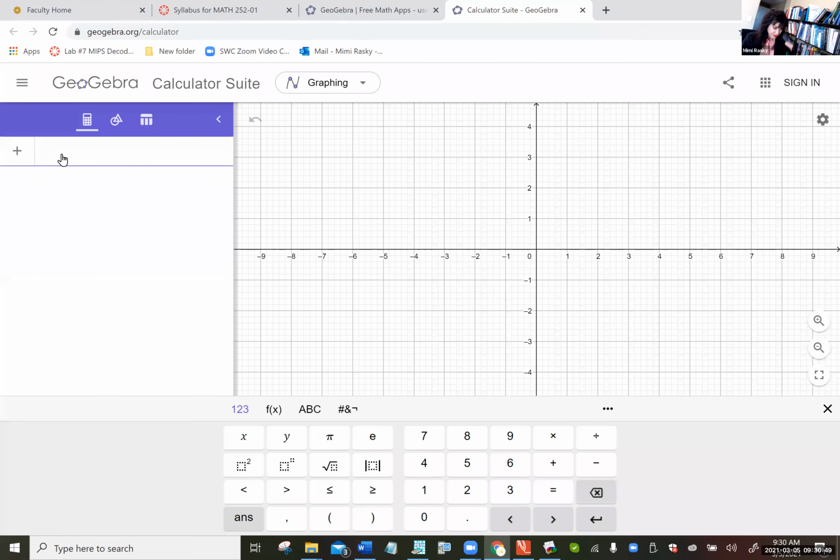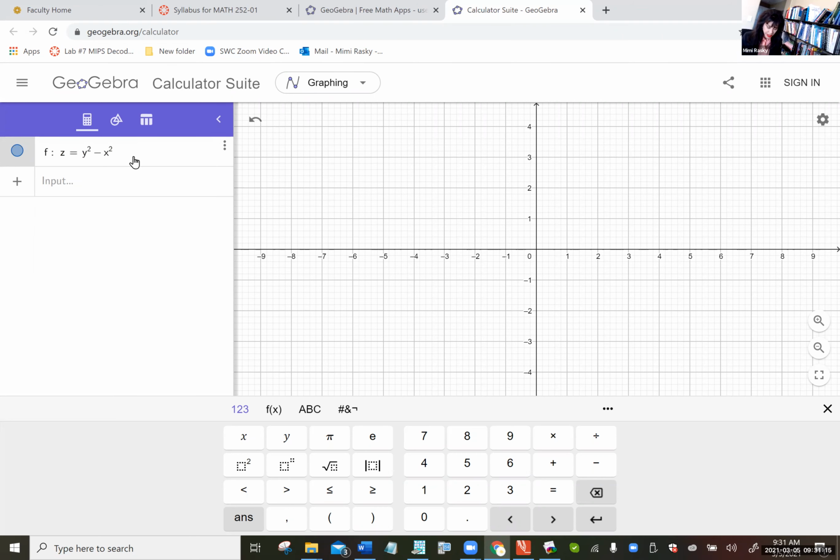So if I type in z equals, and then this example 5, y squared minus x squared. Oops, I screwed up. Sorry, I got to go down. There we go. Minus x squared. And then try and graph this.